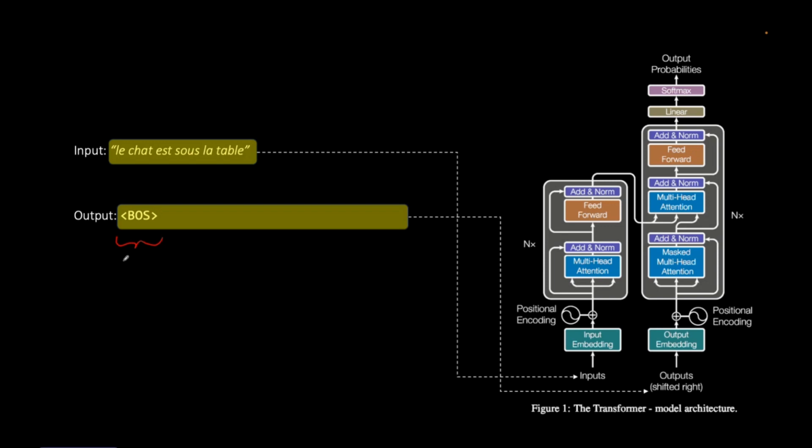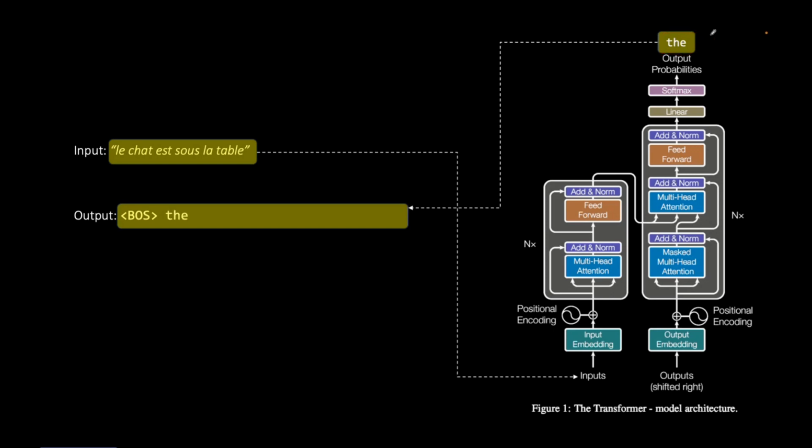Then you run the model and you get one output. This is the output here, the first word that is predicted. Obviously, you put that word back into the decoder side and you run it again. With that output, you get another word, and you put that back into the input, and so on.